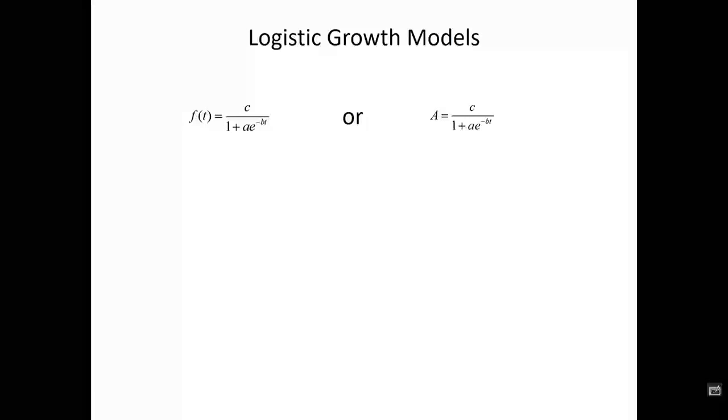Now, the logistic growth models. In these examples, we take into account the fact that growth is always limited. Nothing on earth can grow exponentially indefinitely. So the logistic growth model is a function used to investigate this situation.